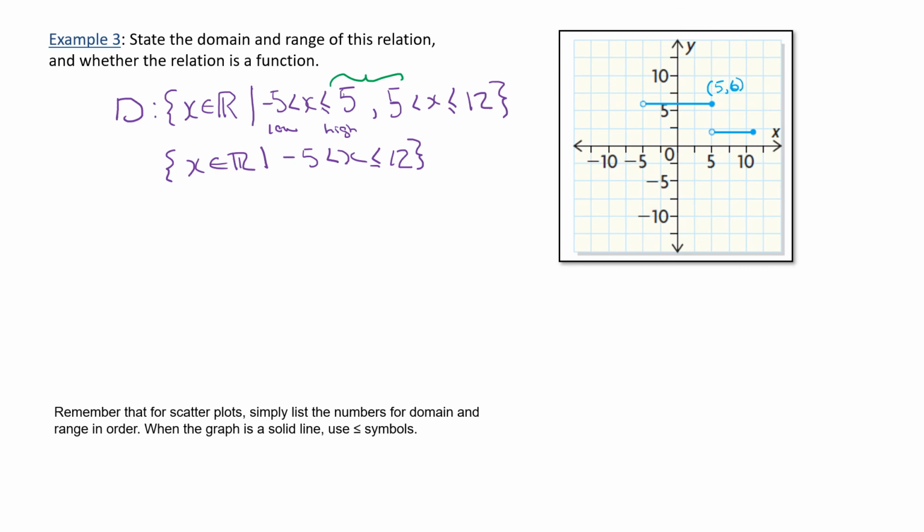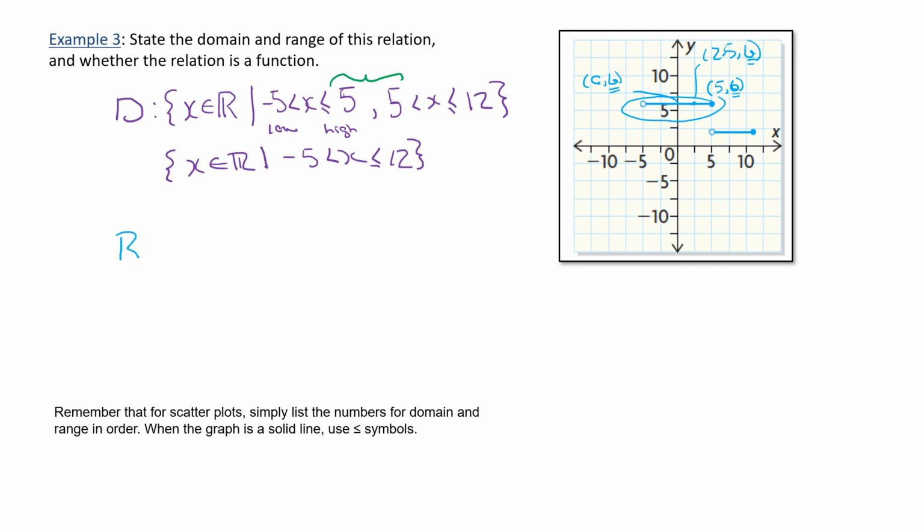This one right here, that coordinate is 2.5, 6. This coordinate right here, right on the y-axis, is 0, 6. The y's are all 6. That's the only number in the range for this whole piece. There's no other y values.